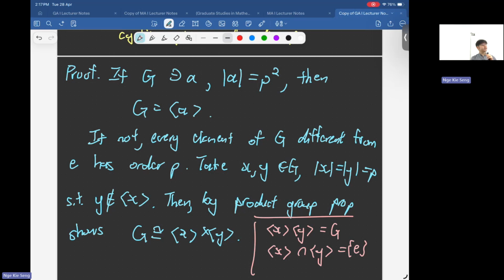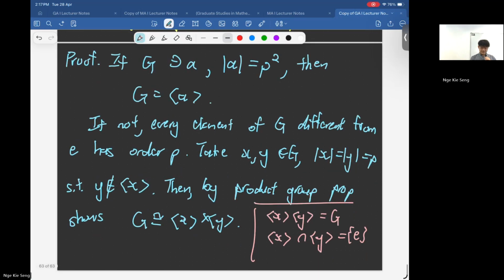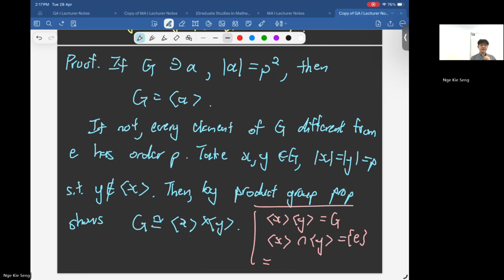Anything else? I think I can remember this one. Normal, right? So which one is normal? One of them, right? In our case, it's normal, right?